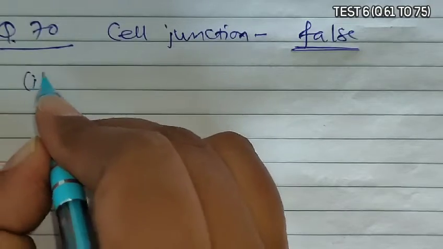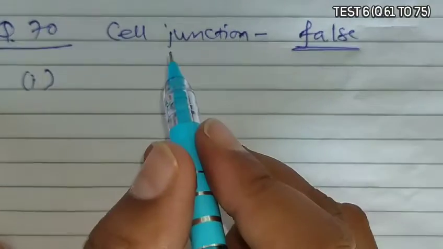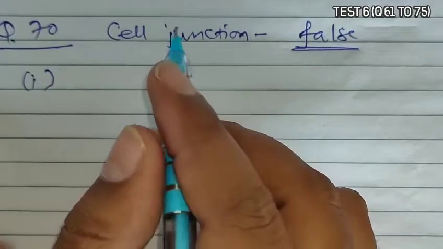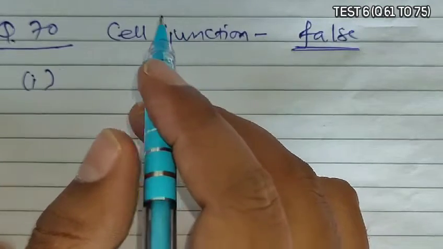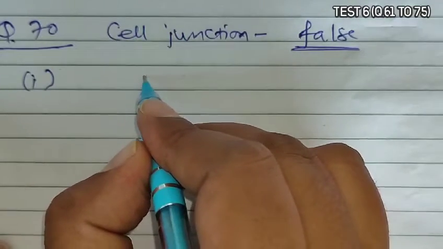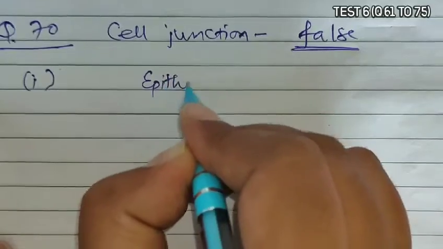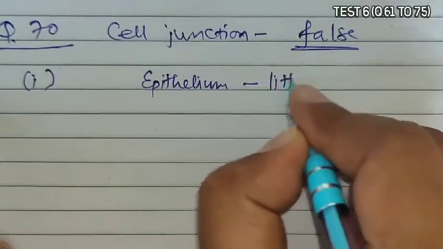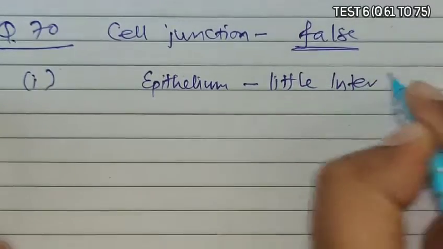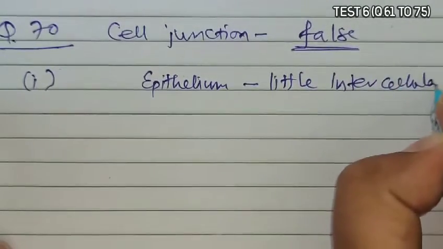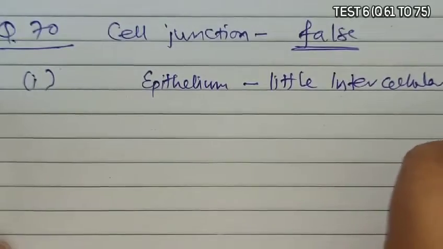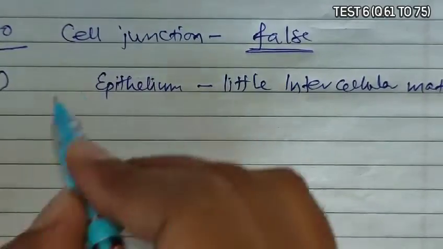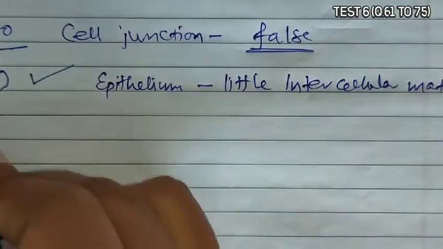Now statement 1 is given: all the cells of epithelium are held together with little intercellular material. So this is a correct statement.